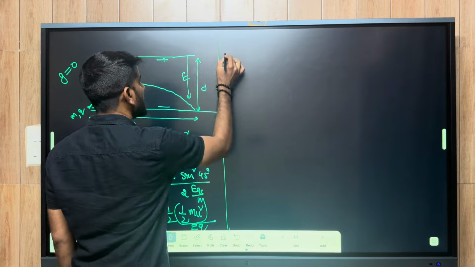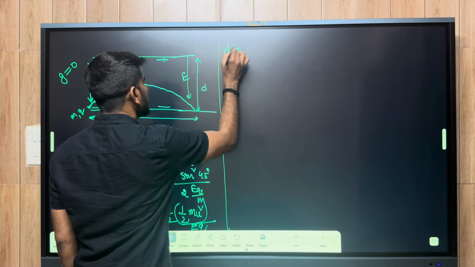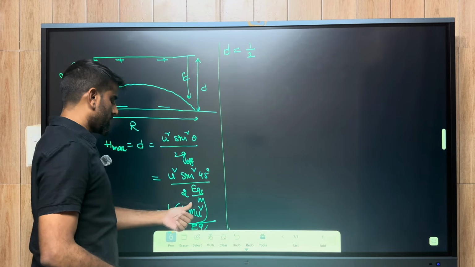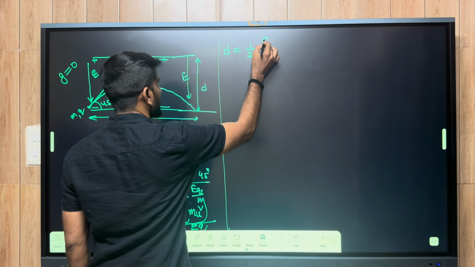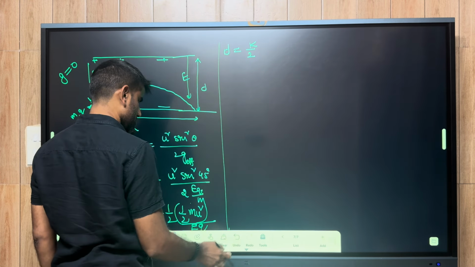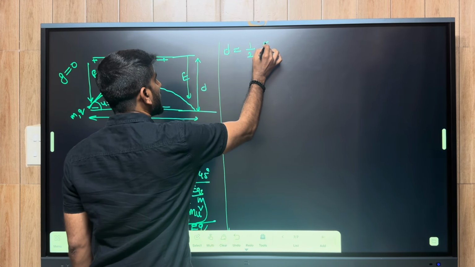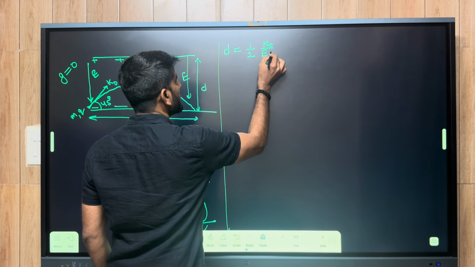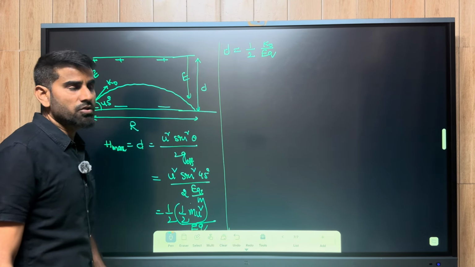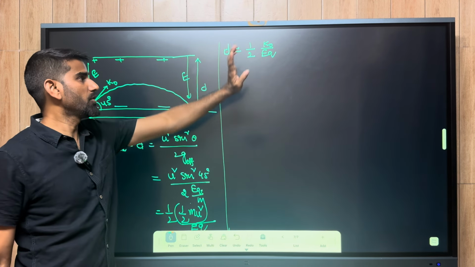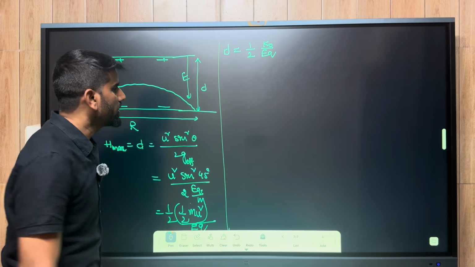So if I rewrite this equation, H max or D is equal to half K naught, sorry, K naught is half mu square, by EQ. So this is the distance D expressed in terms of given quantities.